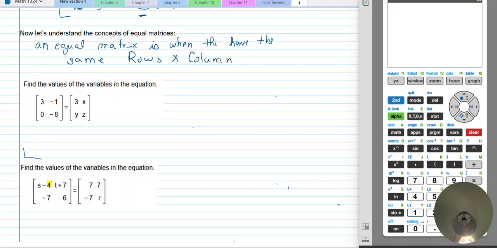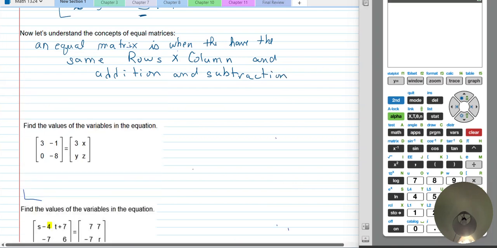What this affords is that they're equal. They have the same rows and the same columns. And addition and subtraction can take place. It's like placeholders, right? You have to keep everything in line.